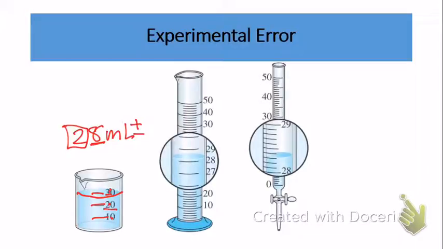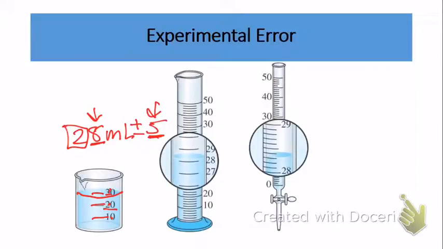So half of 10 is what? 5. So that tells us that the random error is going to be plus or minus 5. Now you'll notice that my placeholder for my random error is in the same place as my estimated digit, which is what it needs to be.